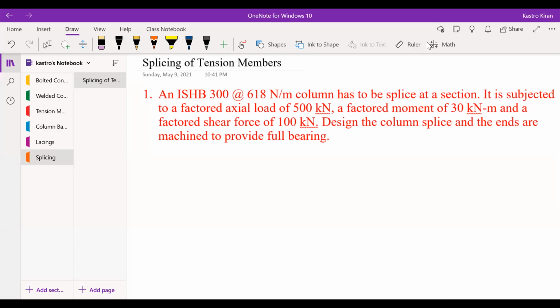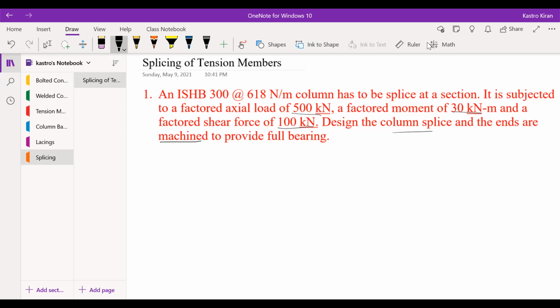Anyways, here we have a section which is ISHB 300 at the rate of 618 Newton per meter column, which has to be spliced at a section, and it is subjected to an axial factored load of 500 kilonewtons, factored moment of 30 kilonewton meter, and factored shear force of 100 kilonewtons. You have to design a column splice and the ends are machined. This is one thing which you have to focus on. So the ends are machined to provide full bearing.